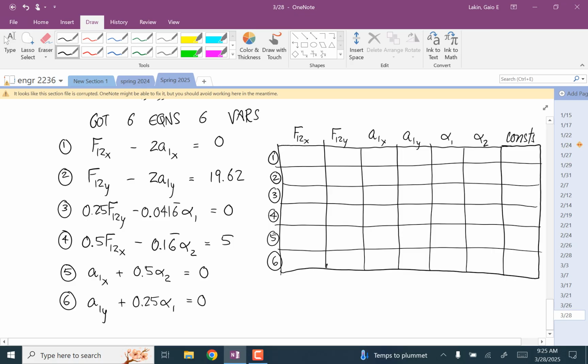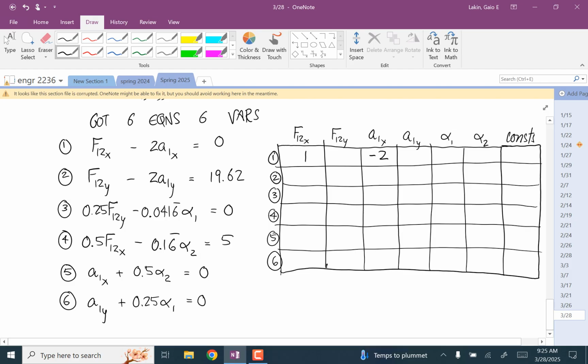So equation 1, f12x's, we have 1 of those. a1x, we have negative 2 of those. Everything I didn't fill in is a 0. These matrices are usually going to be pretty sparse, so you're going to have a lot of zeros.